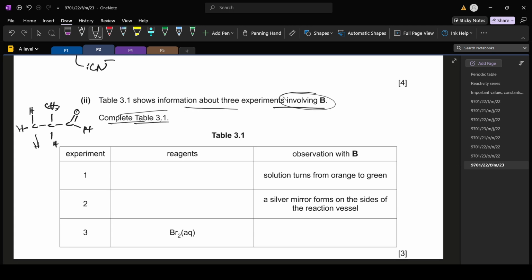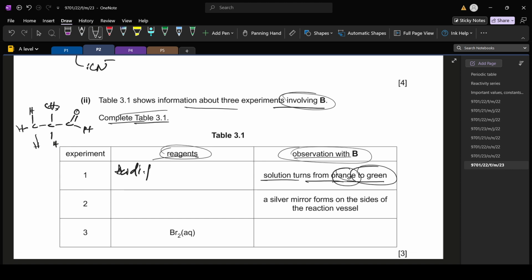Now when B is reacted with different reagents, complete the table 3.1. When B is reacted with a reagent, the solution turns from orange to green, so it must be an oxidizing agent, and it is acidified potassium dichromate, K2Cr2O7. When this aldehyde reacts with acidified potassium dichromate, it will form carboxylic acid.